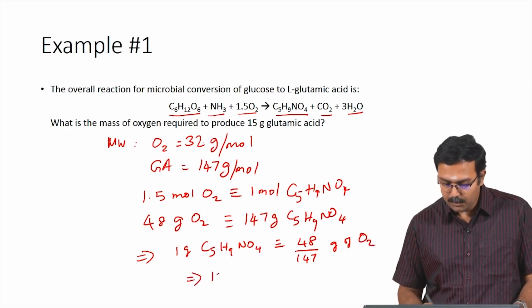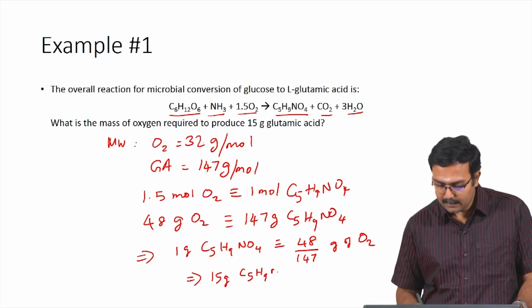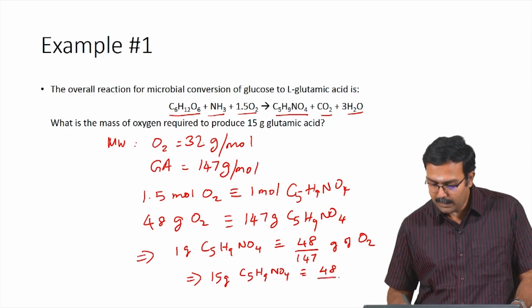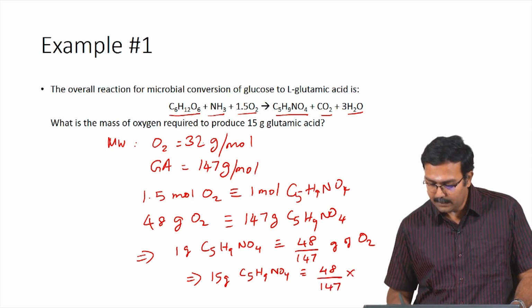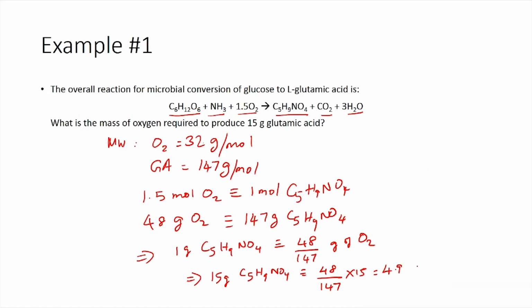So, therefore, 15 grams of glutamic acid is produced by 48 by 147 times 15, which equals 4.9 grams of oxygen. So, the mass of oxygen required for producing 15 grams of glutamic acid is 4.9 grams.